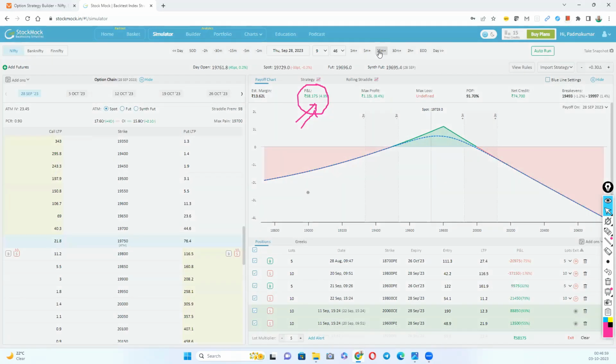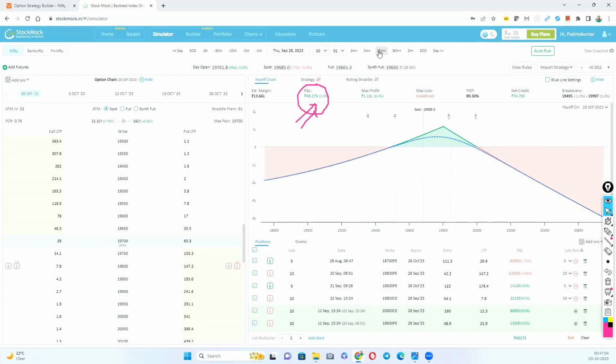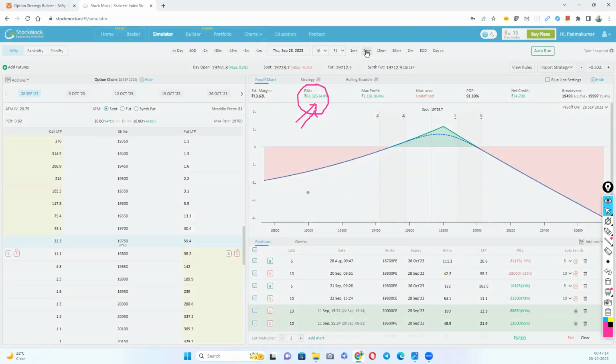Coming close. 67,000, 68,000. Maybe if we hit 70,000 or above, let's wait.